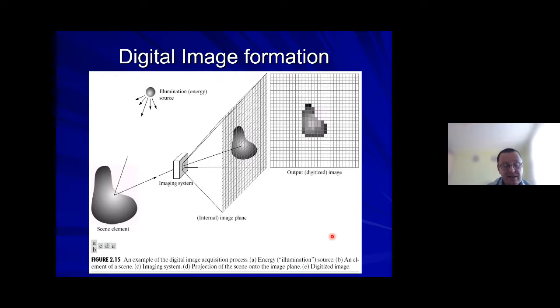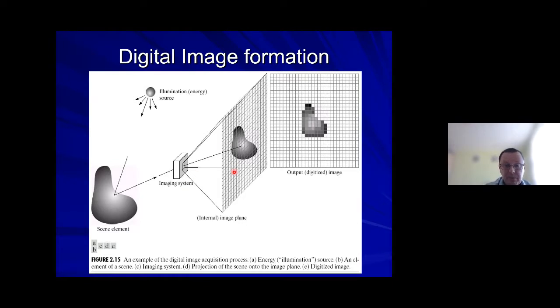We illuminate the scene element and we register the reflected or transilluminated energy, or we perform focusing using an imaging system. It could be optical components, or it could be magnetic coils, for example, when I'm talking about MRI images.